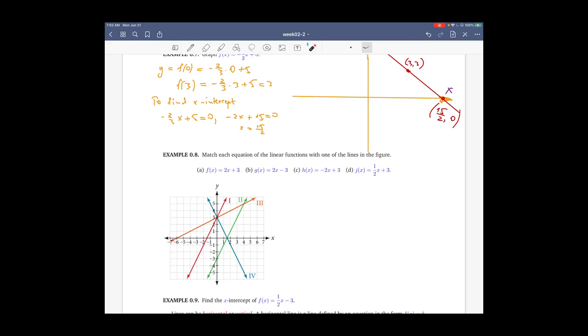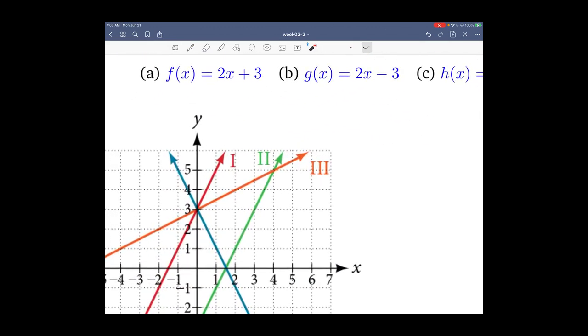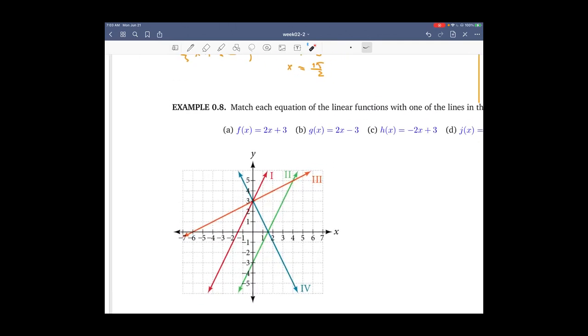Well, it looks like the y-intercept is 3, and the slope is 2 because as you run by 1 unit, you rise by 2 units. You rise from 3 to 5, that's 2. So slope is 2, y-intercept is 3. So that is line A.